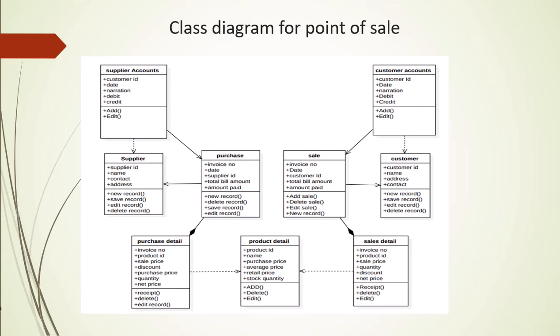Now you see that the sale class uses the customer. Sale is dependent on the customer, and sale is also dependent on the product. It is not shown in this diagram, but sale detail is dependent on the product detail, and sale main is dependent on the customer.